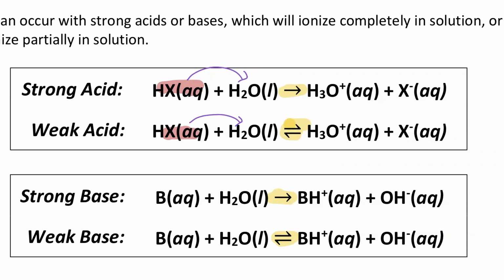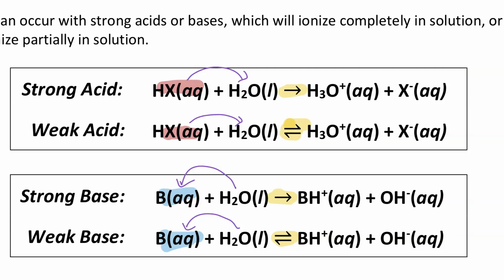Okay. Strong bases, similar pattern, but instead of donating, they're going to accept. So our bases are going to take a proton from one of the hydrogens of water. We'll be left with the base with that extra hydrogen, so the charge goes up 1, and then what's left from the water is the hydroxide ion, OH-.